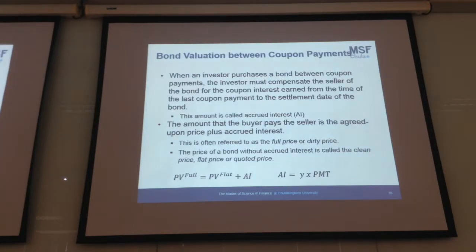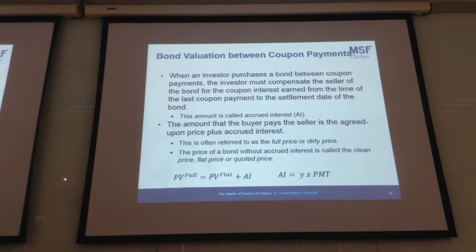In the first bullet, it mentions the accrued interest: it is a portion of the coupon that will be paid in the next period, but because the seller has held the bond for a certain period, part of the coupon must be paid to the seller.